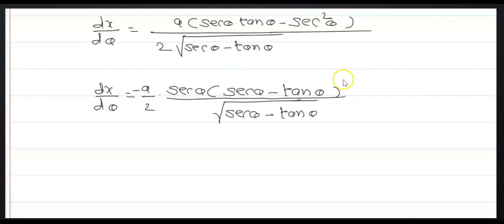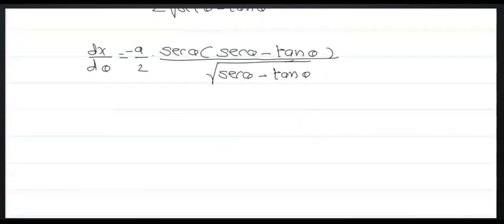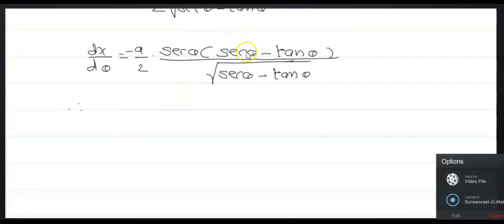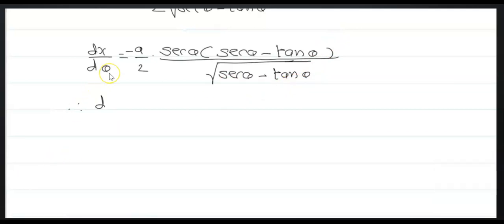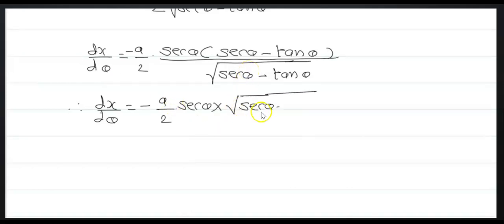This is power 1 and this is a root, here is power 1, here is a half. Therefore you will get dx upon d theta is equal to minus a upon 2 sec theta into root of sec theta minus tan theta.